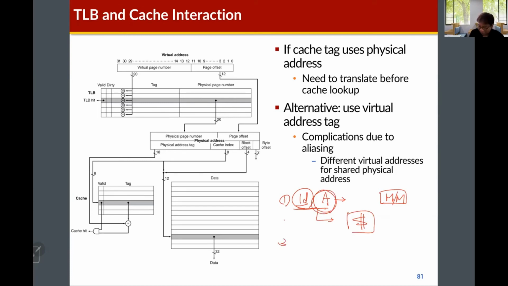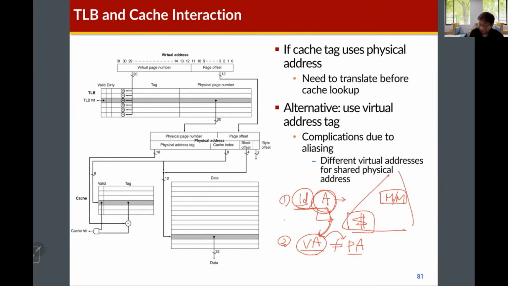But we realized that, oh, it was a virtual address, not a real address, okay? So we learned that this virtual address needs to be translated into the physical address, okay?